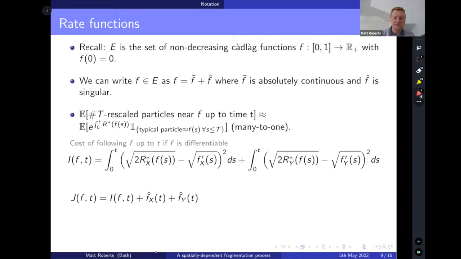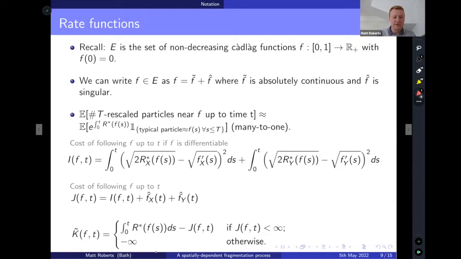So the true cost of following f up to time t is this J of f and t. Okay, so that's the cost. If we look back to the many-to-one formula, we have to pump that cost up by the reward from r star, and we end up with k tilde, which is the integral of r star of f minus J of f.